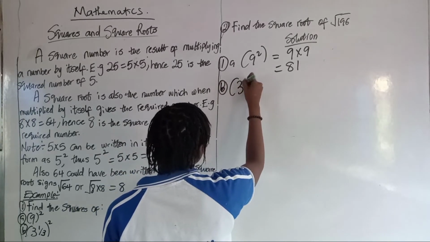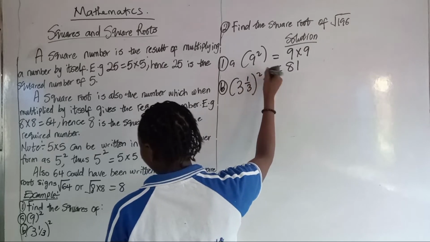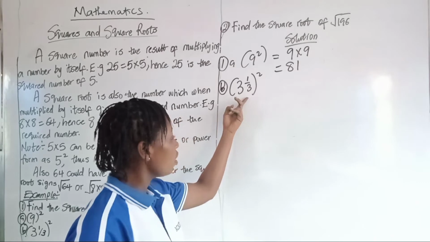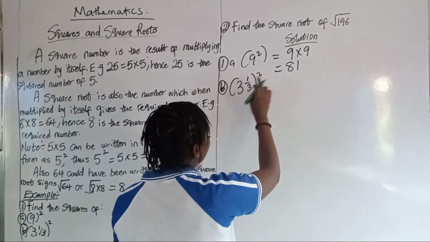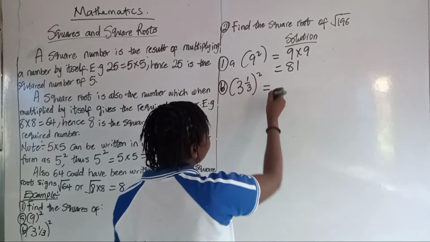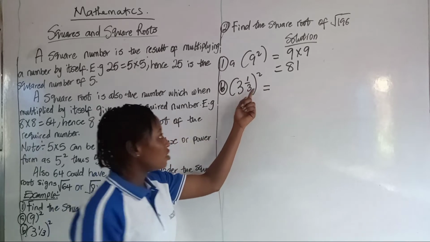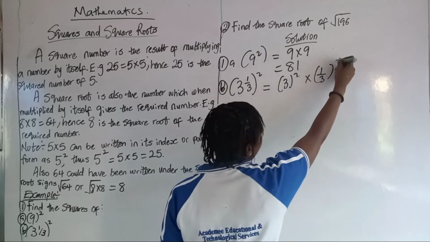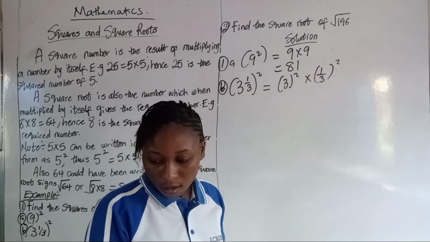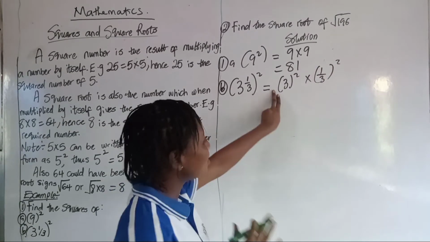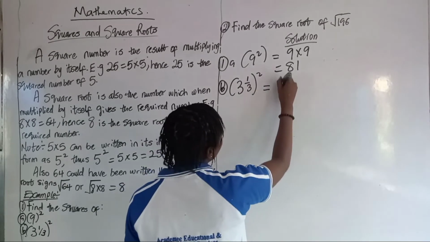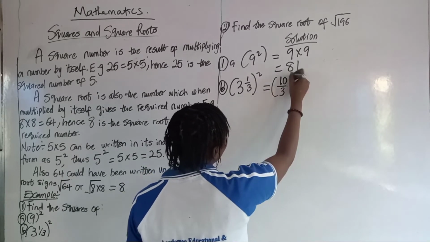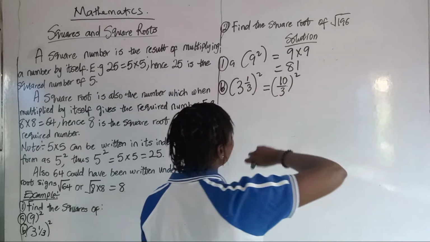Now, B aspect of it, we have 3 whole number 1 over 3 squared, right? Let's change it, so that's 10 over 3, then your power form, which is this power 2.